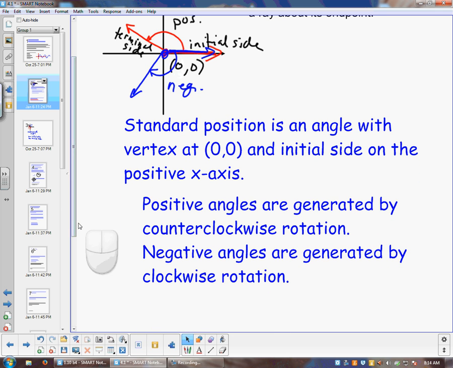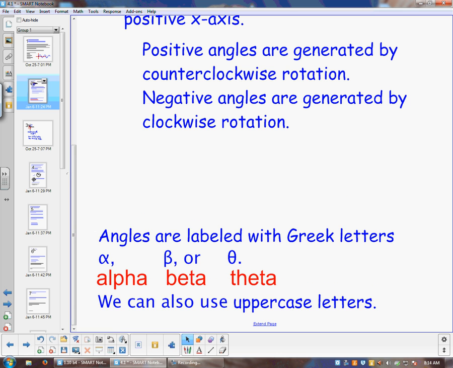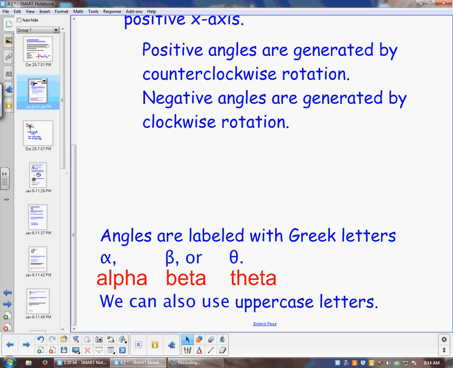Negative angles are generated by clockwise rotation. All right, and angles in trigonometry are often labeled with Greek letters, alpha, beta, and usually we use theta. We can also use uppercase letters to represent angles.